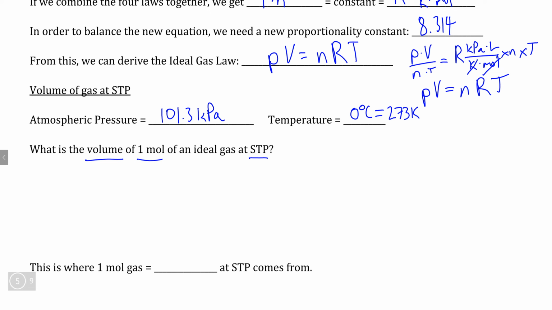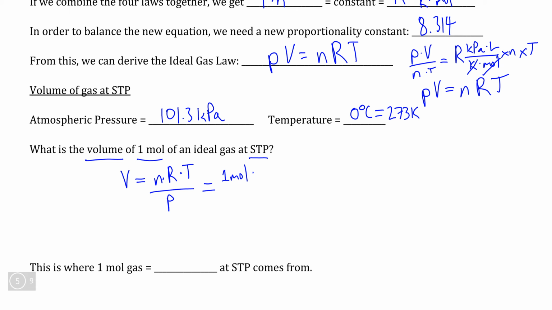So let's modify PV equals nRT so that volume is isolated, and we can do this by dividing both sides by pressure. So volume is equal to the number of moles times R times the temperature in degrees Kelvin divided by the gas pressure. And if we insert our numbers here for the conditions, we know that we're dealing with 1 mole of gas.